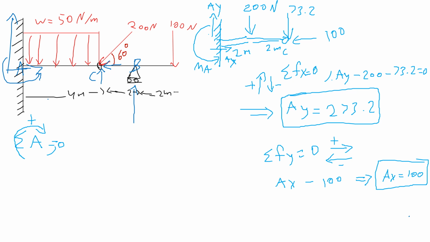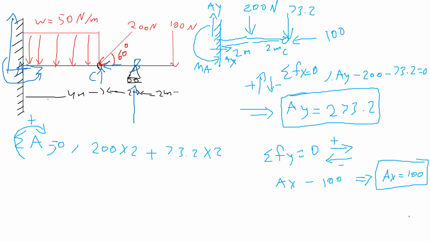So it's irrelevant, and I have 200. I assumed it's positive here, so 200 over 2 going with the clockwise, and the 100 goes, so I got 200 times 2 clockwise, and I have plus 73.2 also clockwise multiplied by 2.